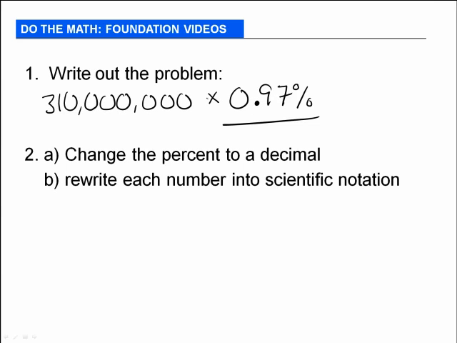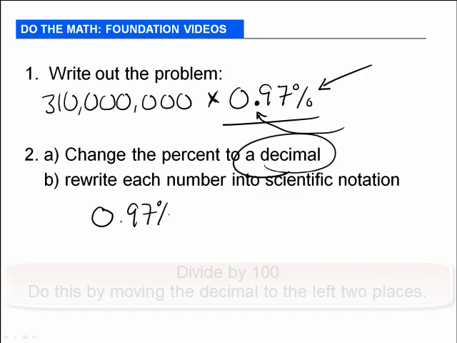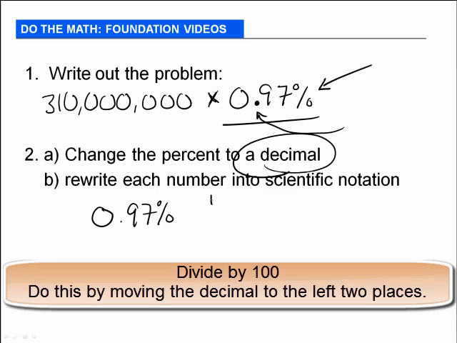Now this seems easy, you multiply these two numbers together, but this is in a percentage, and when it's in a percentage, you have to convert it to a decimal. You might say, oh, it's already a decimal, but if you see a percent, you have to move the decimal over 2 places. So 0.97%, you're going to divide by 100.